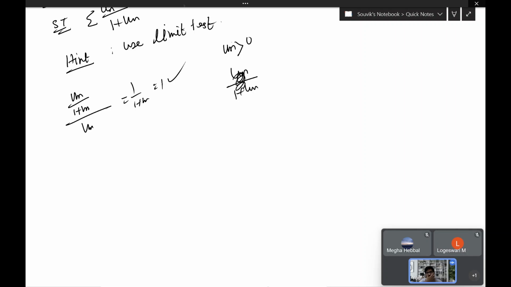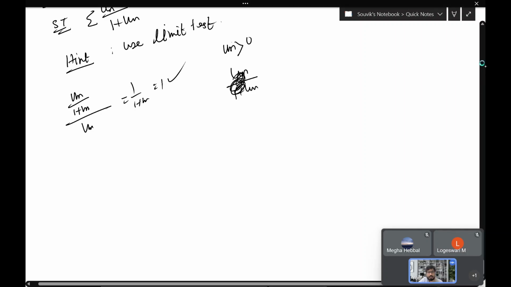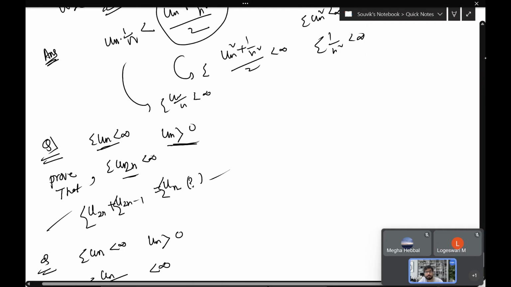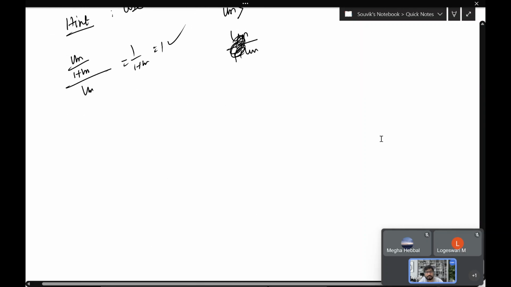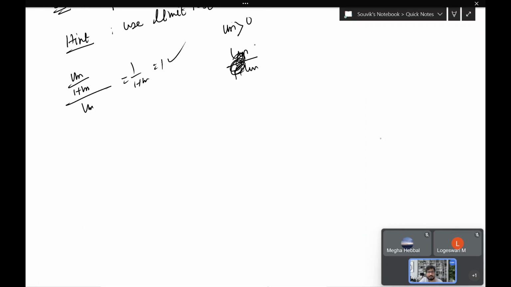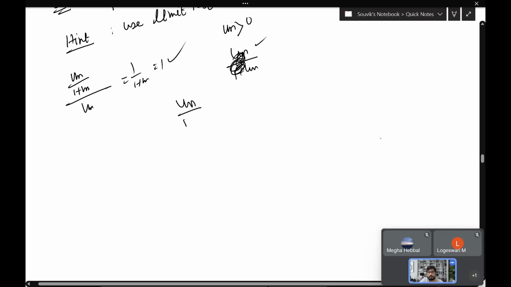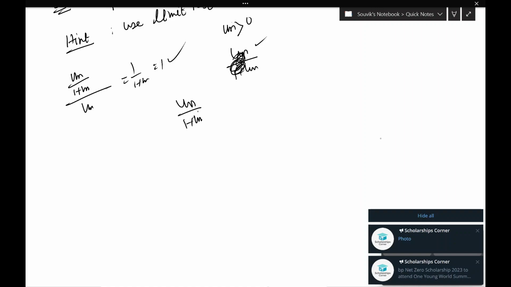Directly by looking at this, it's not possible. By looking at examples, it's possible, but directly, theoretically, it's not possible. At least I think. But wait, one second.